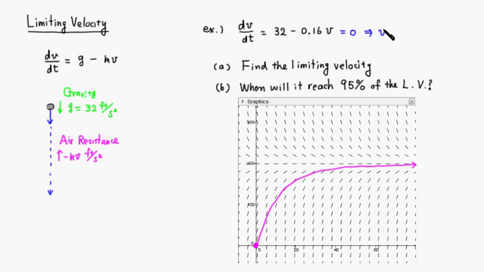You see that v is going to be equal to 32 divided by 0.16, which is actually 200. So this is called the limiting velocity, which is the answer to part A.